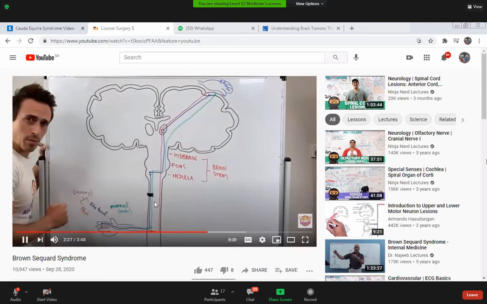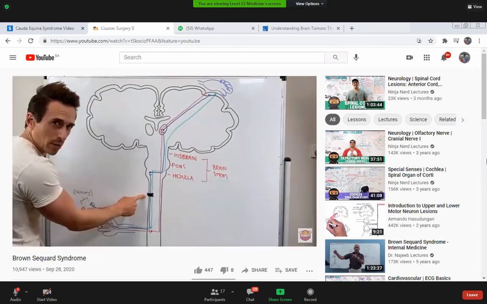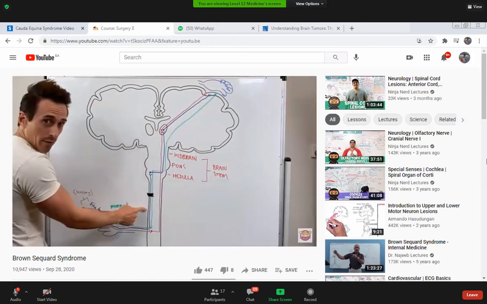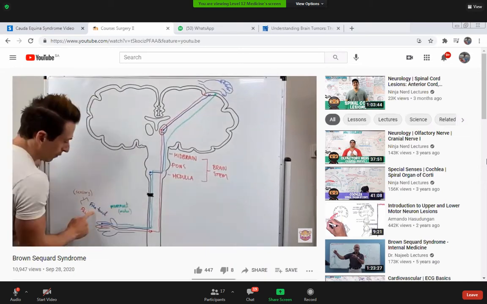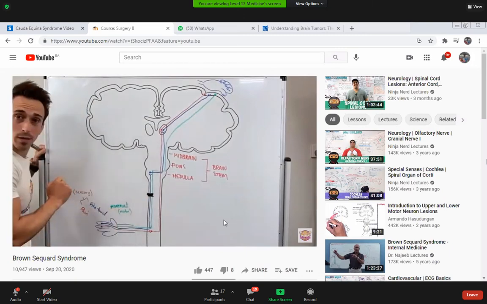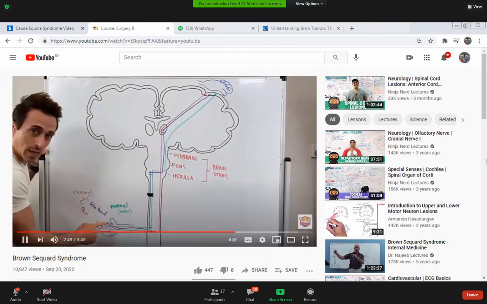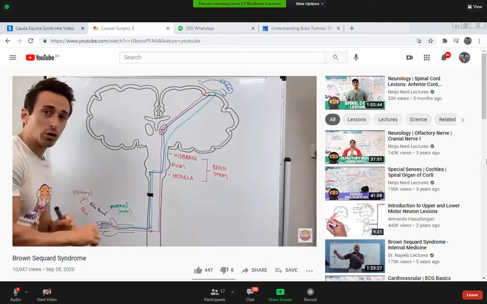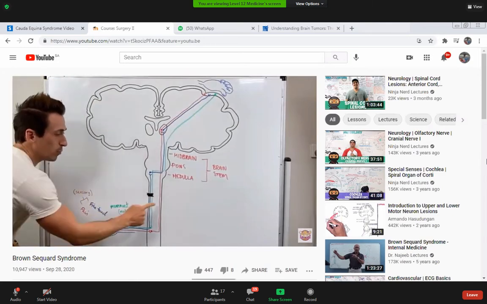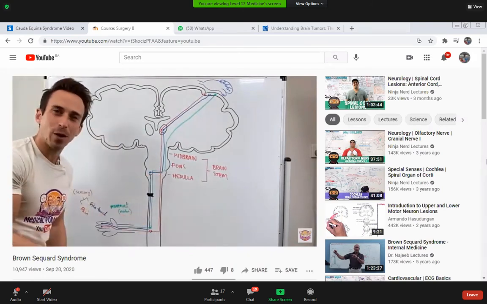On the same side of the lesion or damage, below the level of damage, there are going to be problems with fine touch and motor movement, because of the pathway involved. That hand, for example, may not be able to move or feel fine touch, but if you put an ice cube on it or prick that hand, you would still be able to feel pain and temperature, because it moves down the other side of the spinal cord.